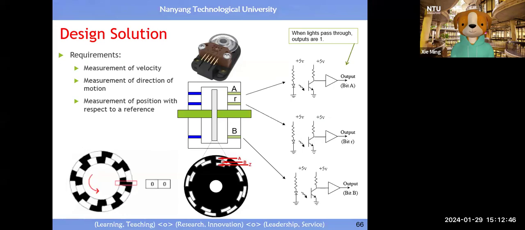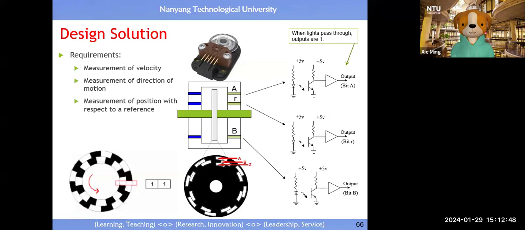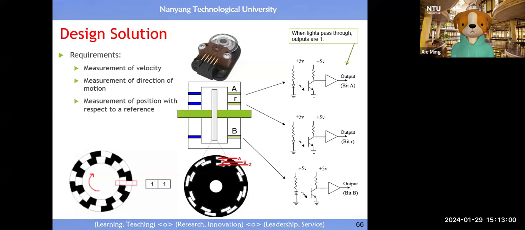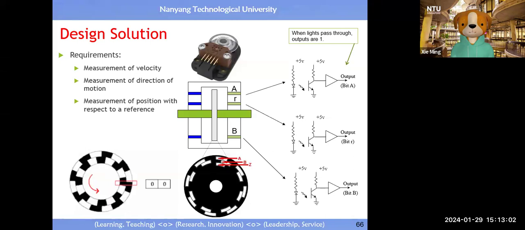By default, this sensor allows us to measure angular velocity and also the direction of the motion, because we have two signals, signal A and signal B, and the difference between signal A and signal B is 90 degrees, right?